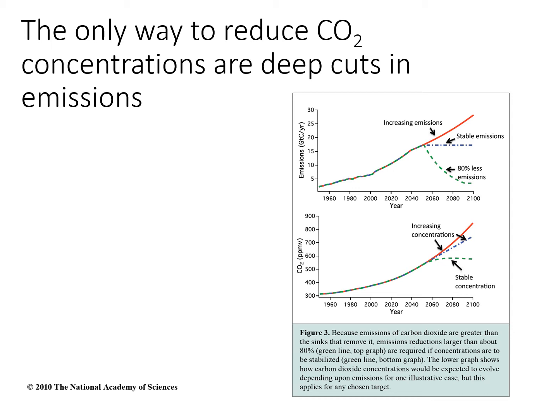If we only stabilize emissions, meaning we're still emitting CO2, we will continue to increase the concentration of carbon dioxide in the atmosphere as shown in blue in the bottom plot. In red, we see what happens if we do nothing. Clearly, not the preferred path.